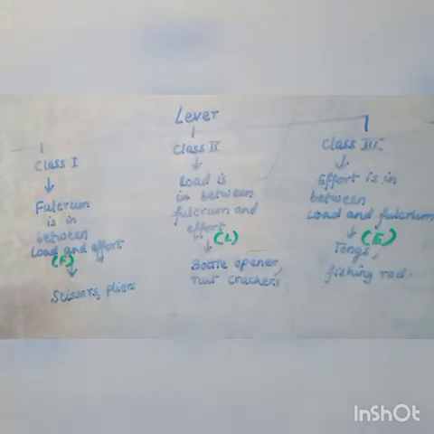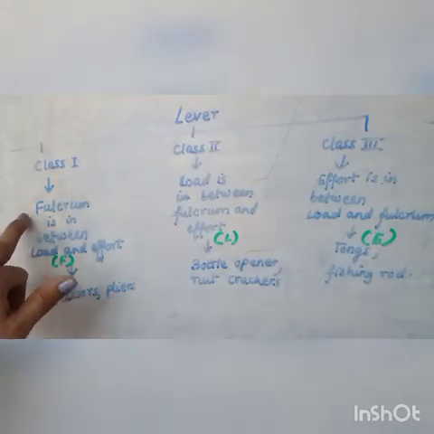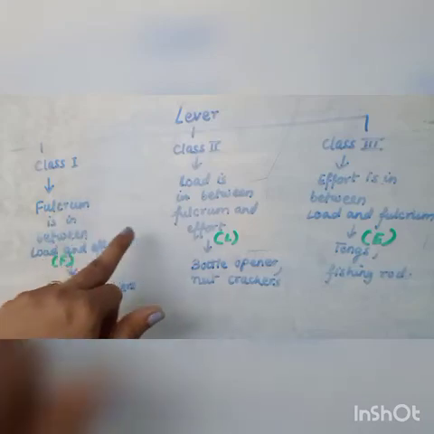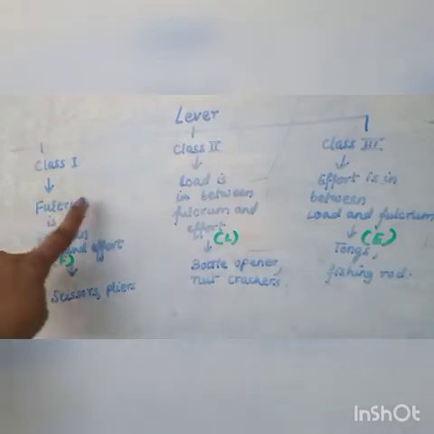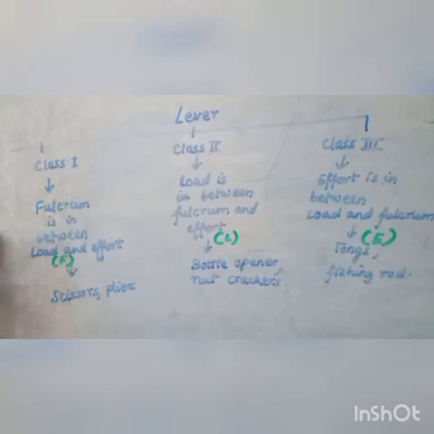We can see here that the fulcrum is in between the load and effort. When the fulcrum is between the load and effort, this type of simple machine is classified as a class 1 lever. They are your scissor and plier.